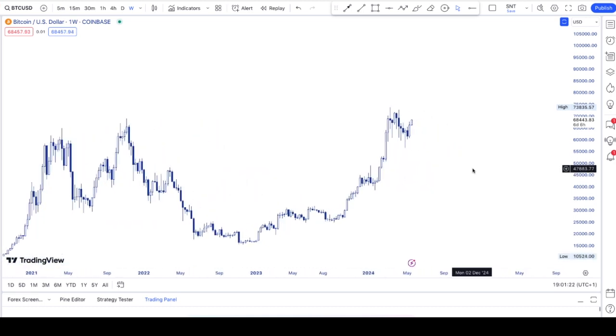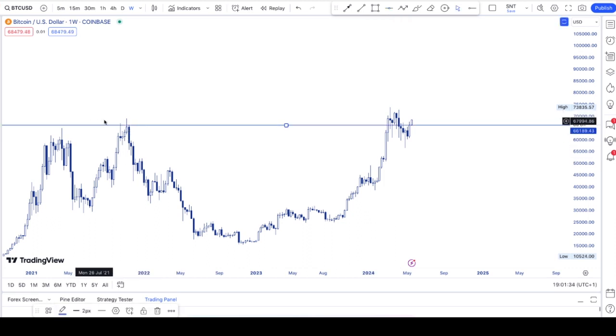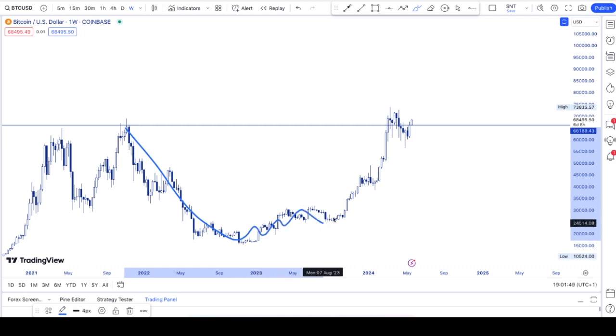Now, looking at the price action, we can see that previously price made a resistance in November around 2021, and this resistance was the previous all-time high. From this all-time high, we can see Bitcoin crash down. We saw price consolidate and it started pushing back to the upside, retesting the previous all-time high.